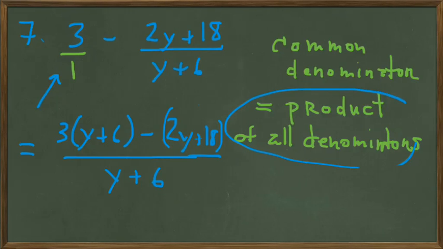Let's also notice this, that if we were to take this part of the fraction right here that we're building and cancel out this y plus 6 and this y plus 6, we're back to the 3. So we just built it up in that part.